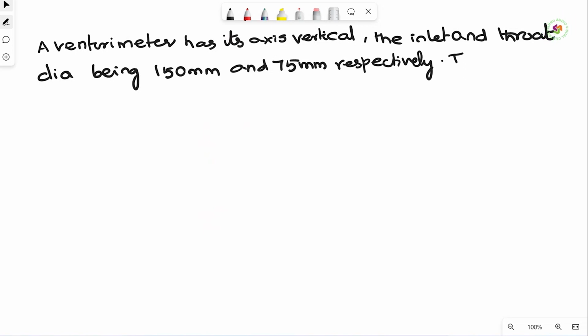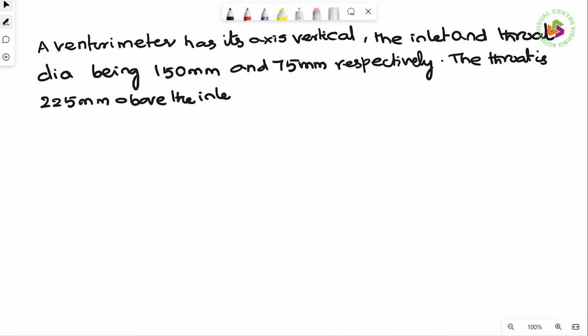The throat is 225 mm above the inlet and CD is equal to 0.96.